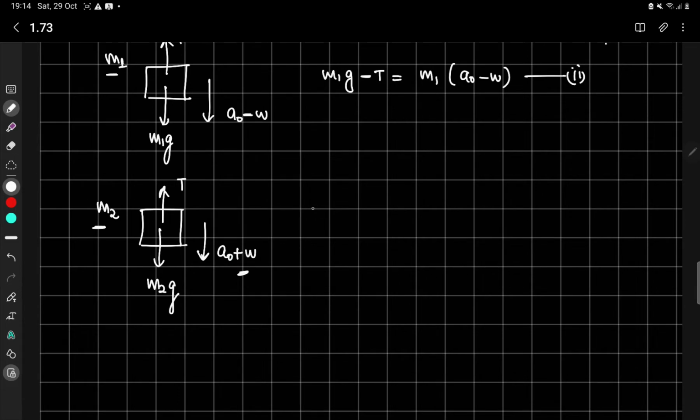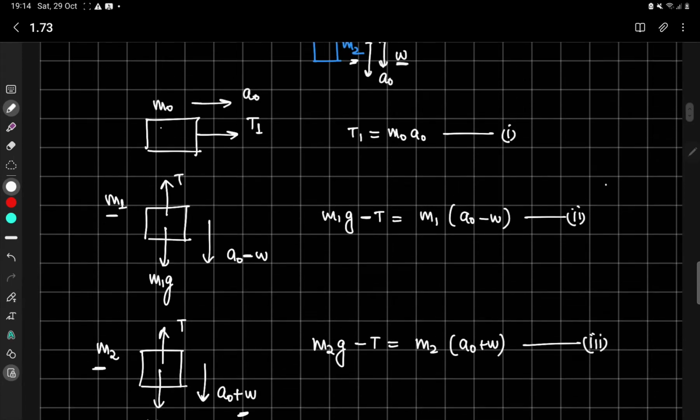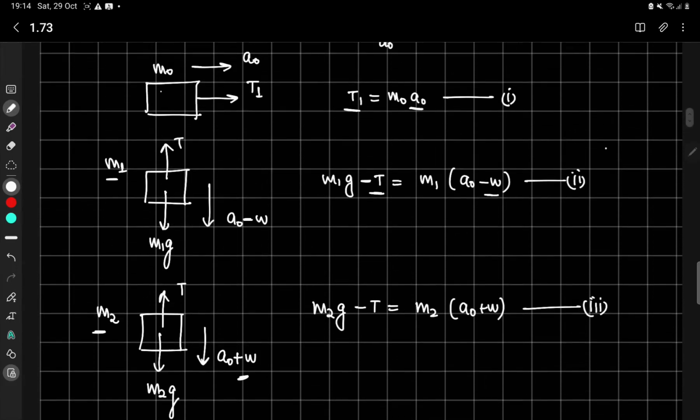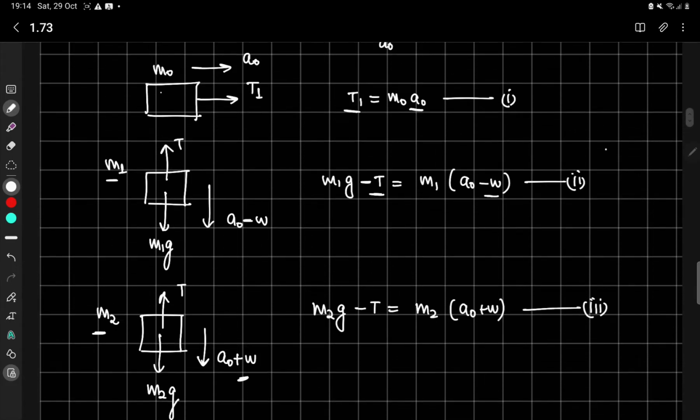So we can write the equation, that is m2g minus T is equal to m2 times (a0 plus w). So this is our third expression. Now here we have variables that we don't know, that is a0, T1, T and w. So we have four variables, but we only have three equations.